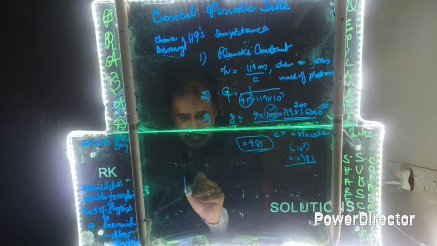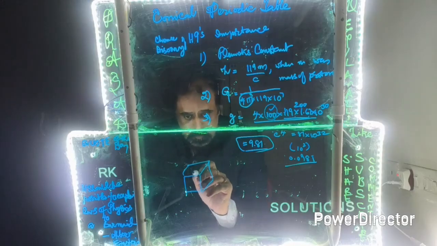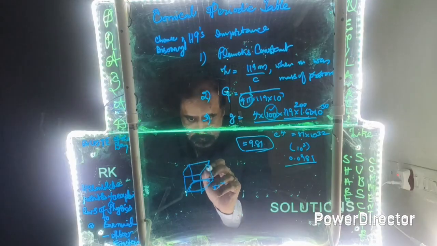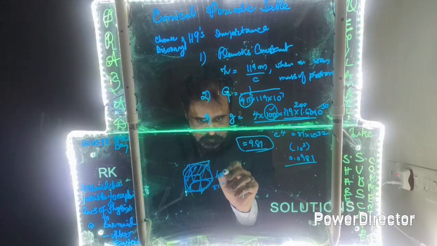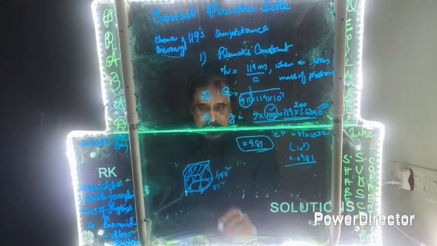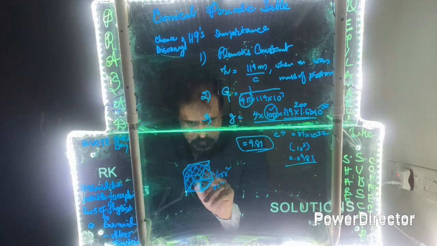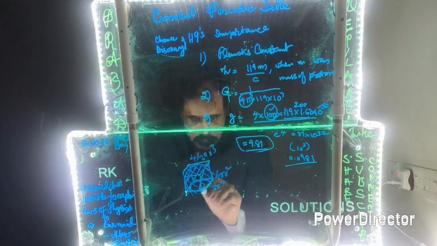All the while, I have been explaining about these cubes and the pi r square here, the whole thing giving 4 pi r square, and everything together, the volume being 4 thirds pi r cube, right?